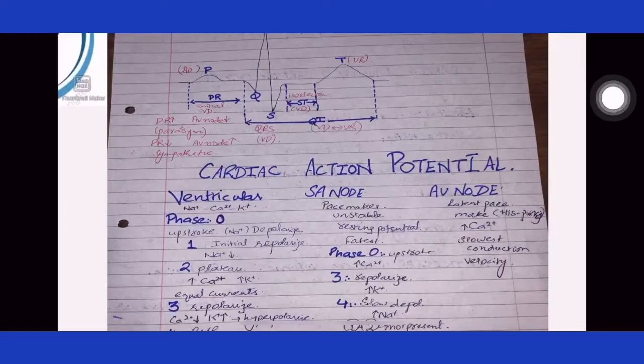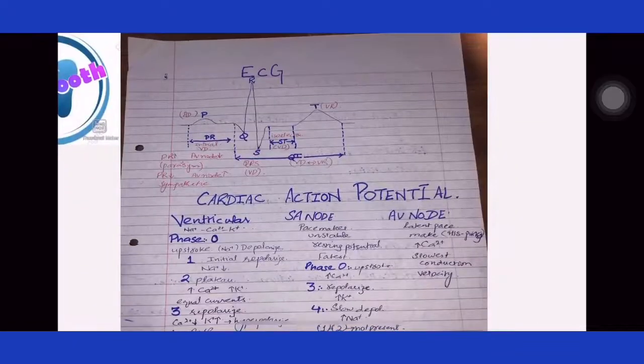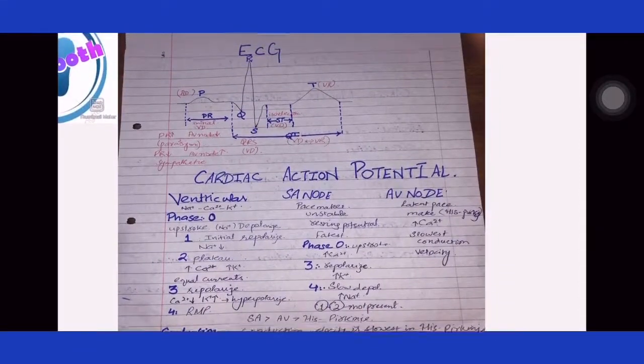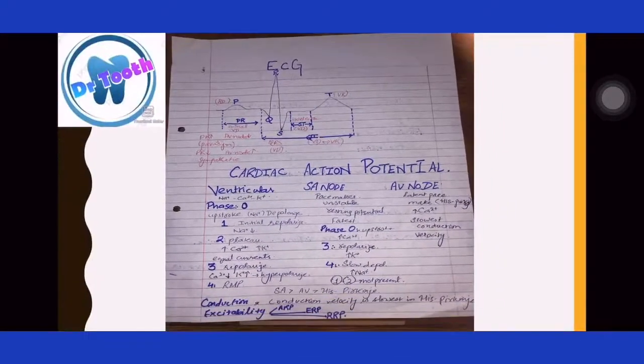In phase 1, we have initial repolarization and sodium decreases. In phase 2, it's a plateau phase where calcium increases and potassium also increases, and they have equal currents.